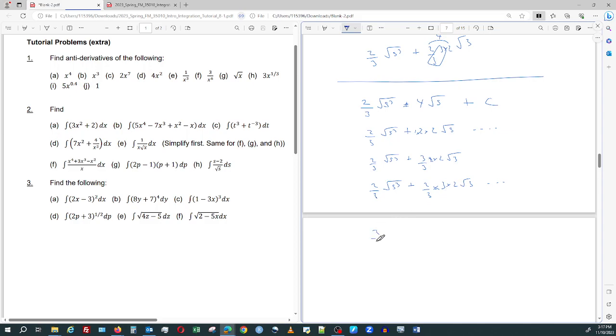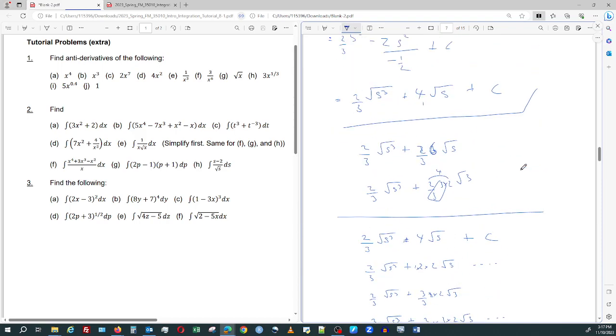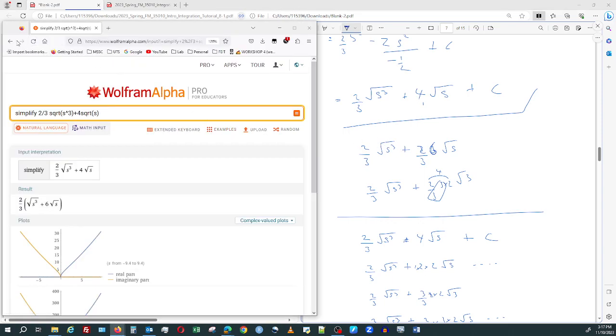So we get 2/3 is an equivalent, 2/3 times 6 root s. So if we take the 2/3 out as a common factor, we can have the square root of s cubed plus 6 root s. Okay, so essentially that's just some algebraic manipulation. Look, it's a good exercise to recognise that that is the same.